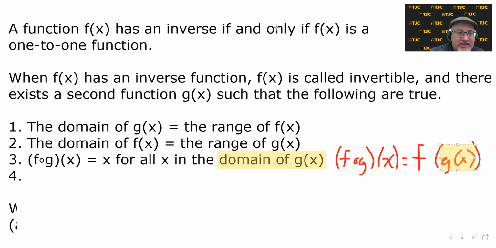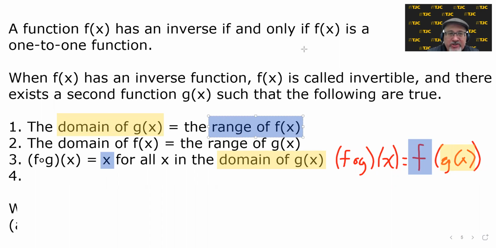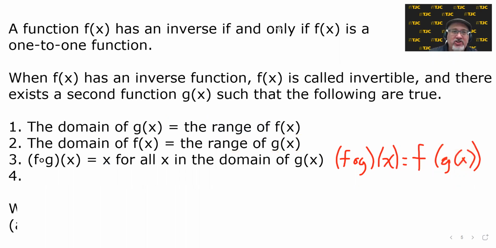In other words, it has to be in the domain of g of x. Now, why does it also have to be in the range? Because this is coming out of f. In other words, it's got to be in the range. So the reason the domains and ranges have to match is because this third thing says I'm going to put something into g, meaning it's in the domain of g, and it will come out of f, meaning it's in the range of f. So that's why we have the domain and range thing.